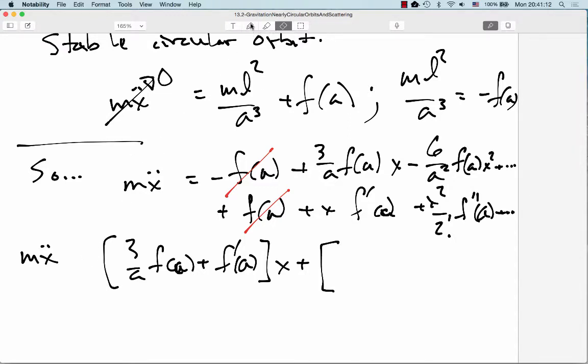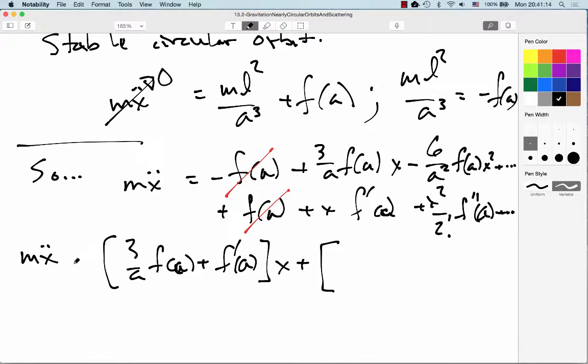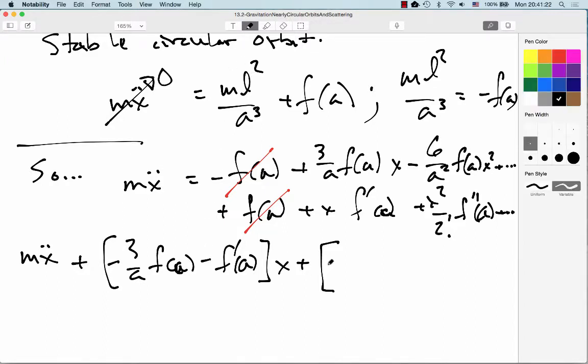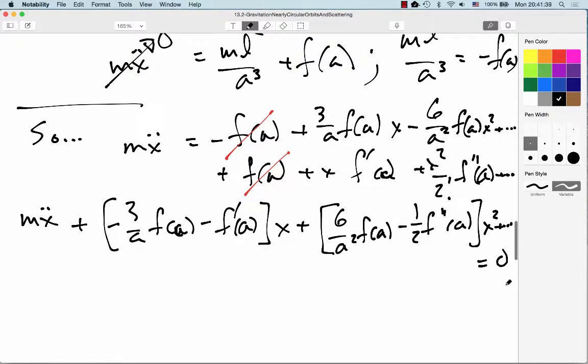Bear with me. So we're going to say plus, and then this will be a minus there, and a minus there. And then this will be plus 6 over a squared F of a minus 1/2 F double prime at a, x squared plus and such equals 0, which is where we're going with this.